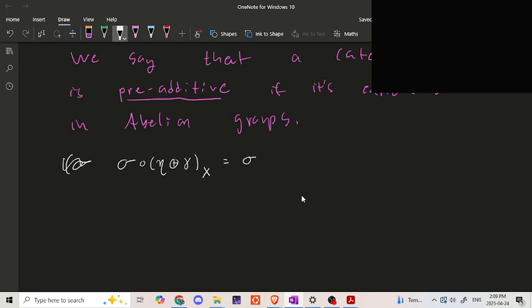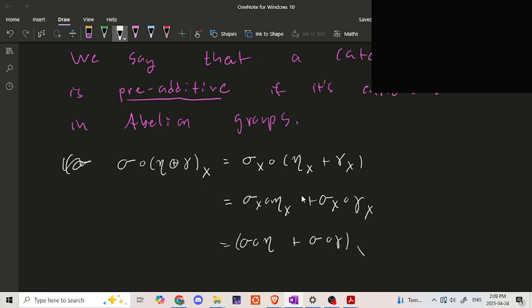Well, this will just be sigma x composed with eta x plus gamma x, but because we're assuming this is an additive category, of course everything distributes. And sure enough, this is exactly what we expect, right?